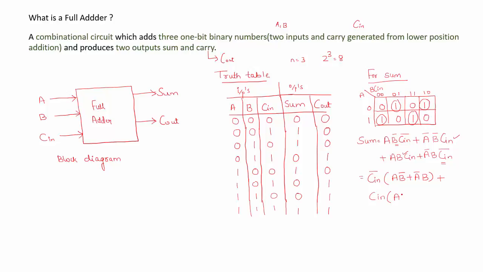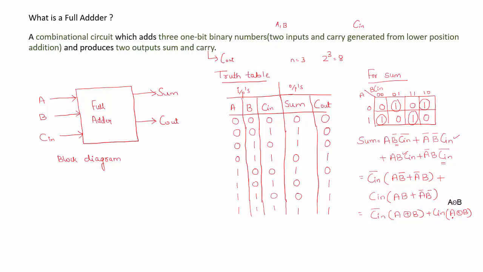I'll be left with AB or A bar B bar. So the terms inside the bracket can be further reduced to C in bar (A XOR B) or C in (A XNOR B).